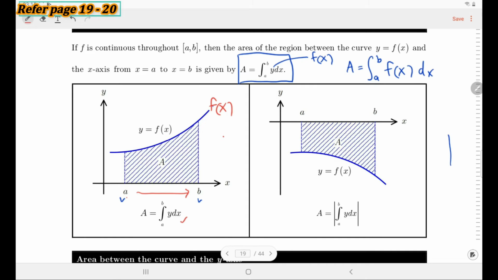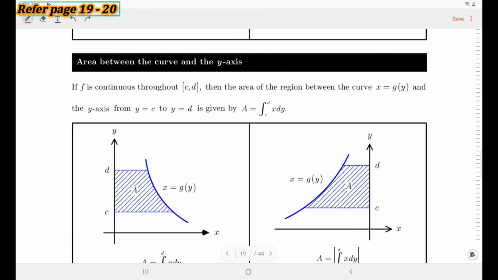On the right side, the sketch of the curve is below the x-axis, so the area would be negative, but we must put the modulus sign here, because we know the area must always be positive.